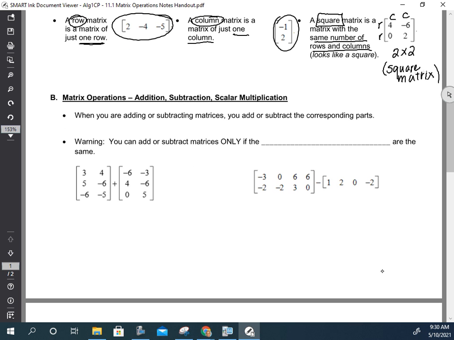Now we're going to actually get into some computation. The three main ways we do operations with matrices are addition, subtraction, and scalar multiplication. Scalar multiplication is you taking a matrix and multiplying it by a number.